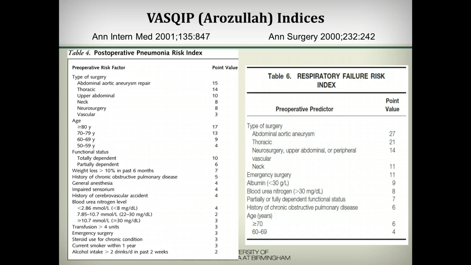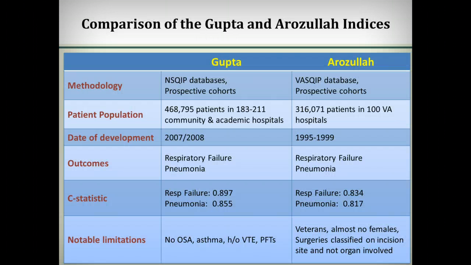You have to add up all these different numbers that the patients have, then look at a table to see their predicted risk of these two complications. These tools have been around for a while and I think are useful, but they're just more complicated than the Gupta tools. So let's look at these two side by side to help you decide which one you want to use.